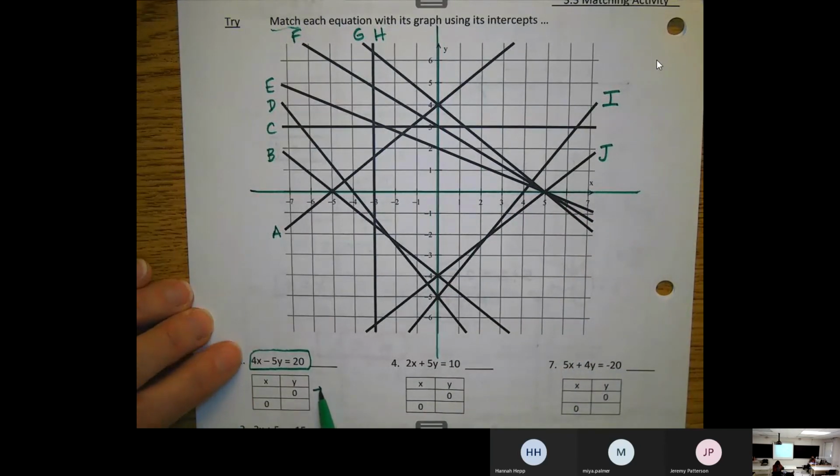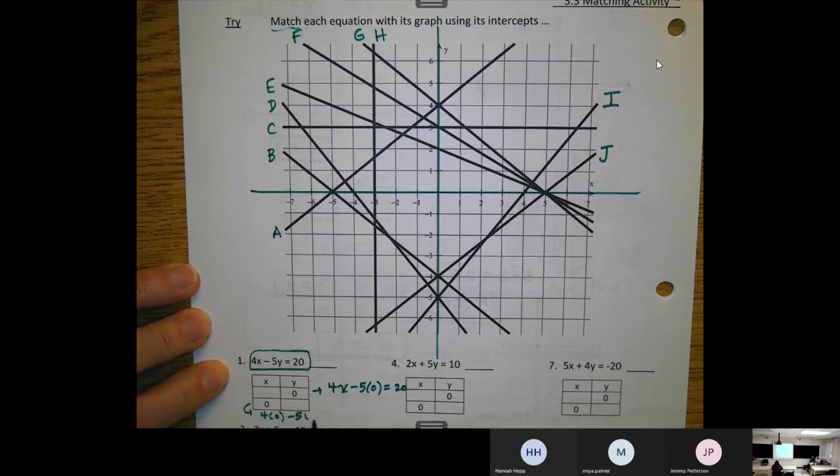So maybe we'd start by plugging in some zeros, like 4x minus 5 times 0 equals 20. We'll see what we get. 4 times 0 minus 5y equals 20. See what we get.